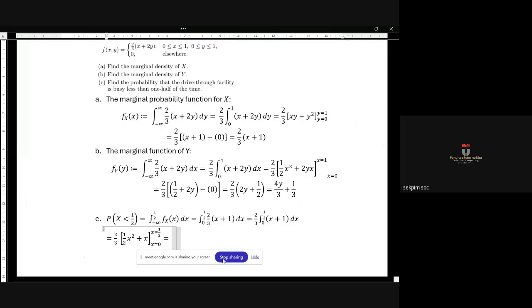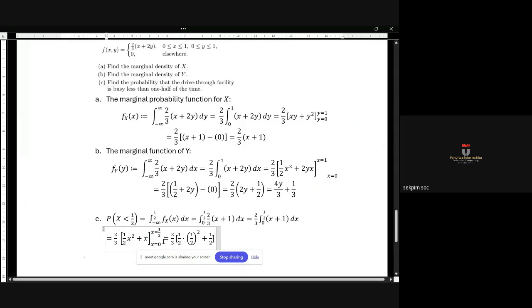This is equal to 2/3 times 1/2 times x squared, replacing x by 1/2, right? Squared, plus half. Okay, and this is just 0, right?